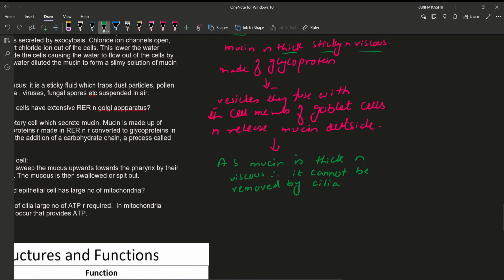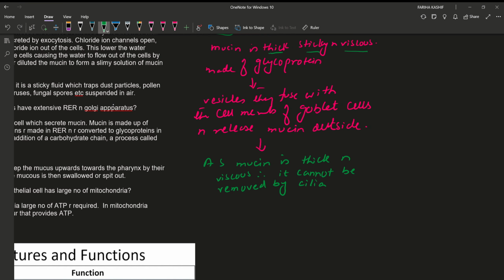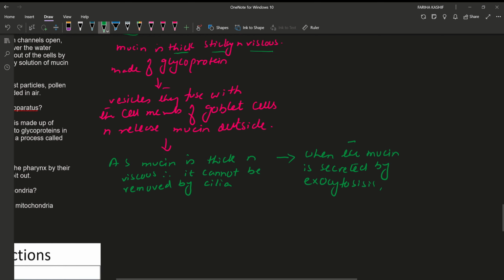So what happened? When the mucin is secreted outside the cell by exocytosis, then what happens?